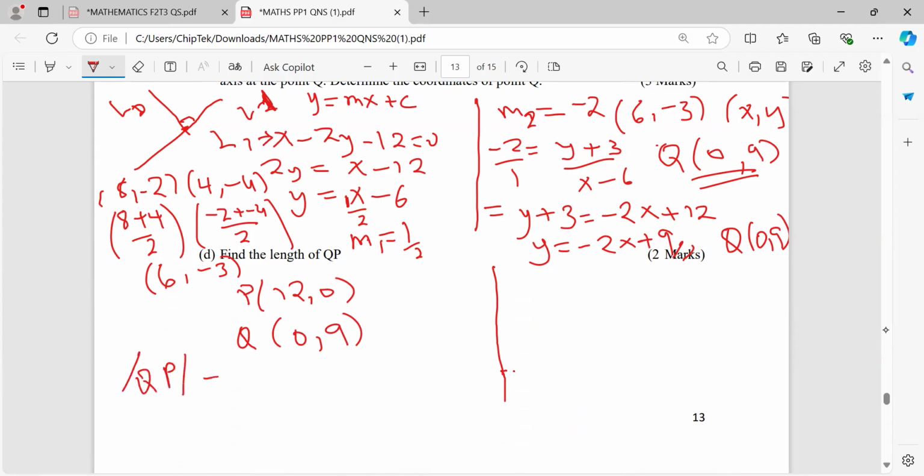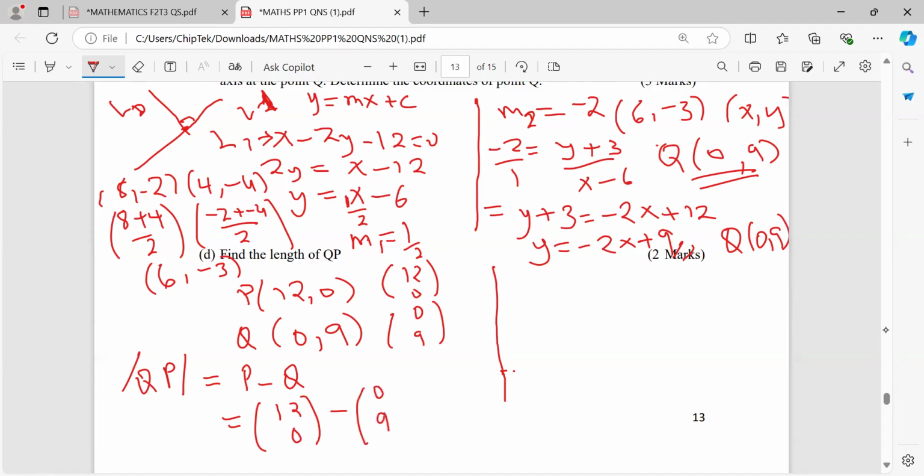Na magnitude ya QP hii ukiweka in terms of vectors, column vector ya kuandika 12 0 na hii ni 0 9. So mwanzo tutachukua P minus Q. So P minus Q ni 12 0 minus 0 9. 12 minus 0 ni 12, so 0 minus 9 ni minus 9. So hii ni QP.